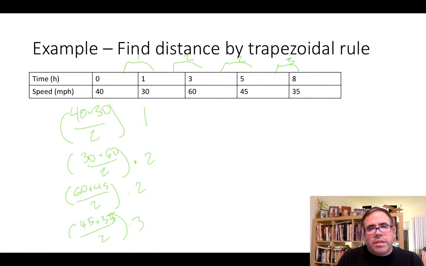70 over 2 is 35. 90 over 2, 45 times 2 is 90. This becomes 105. And then we have 45 plus 35, that's going to be 80, divided by 2 is 40. 40 times 3 is 120.